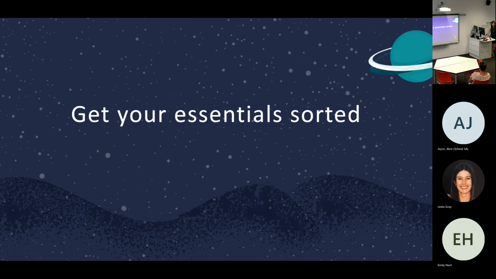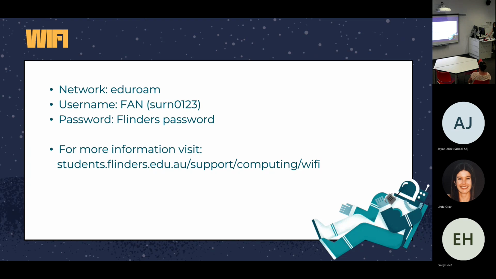All right, so just some hello, welcome, come in, just your welcome information and making sure you've got everything sorted. This is the same for all students. So if you haven't already, you need to join the Wi-Fi, and to do that you'll need to select Eduroam. You'll need to put in your FAN and password for the first time, and then it will just pick up every time you come onto campus. It will just automatically pick up the Wi-Fi for you.